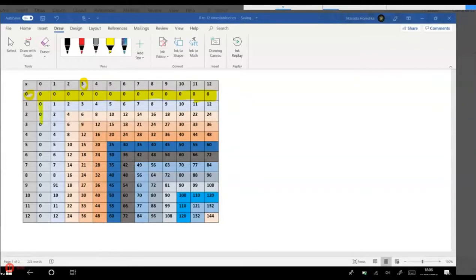And this repeats itself on this column as well, because it shows the same thing. It's 0 times 0 or 0 times 1 and so on. So the key thing for this part is that anything times 0 equals 0. And then we move on to the ones timetable.